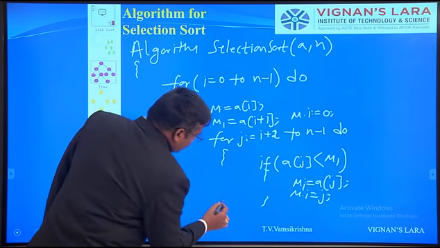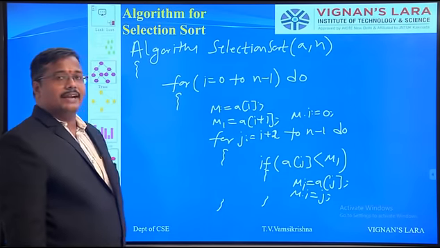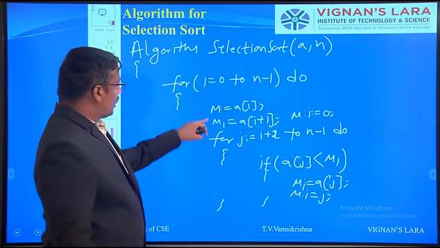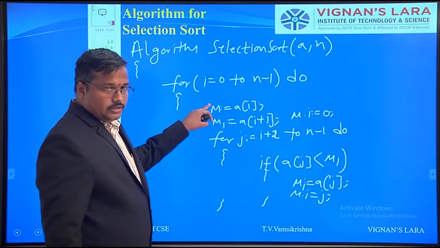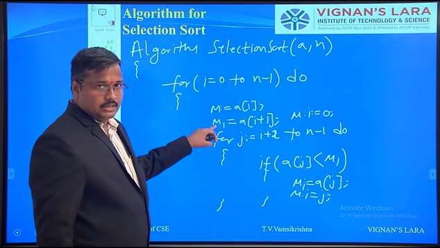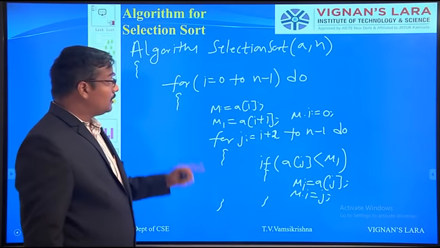So when this loop is iterated, it finds the minimum element. In the first iteration we are assuming that M is the minimum element, and in the next case M1 is the minimum element.